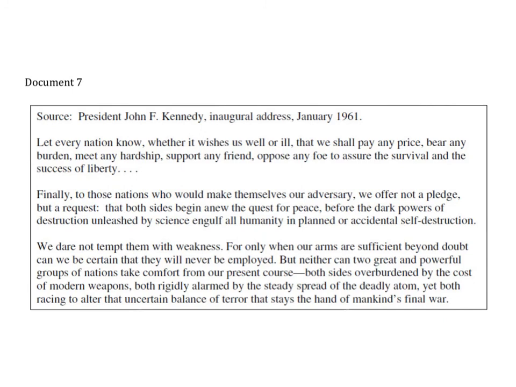And then finally, we come to document 7 from Kennedy. So Kennedy takes a different tone than the Eisenhower presidency. You could use this document to discuss the results of the Eisenhower years.